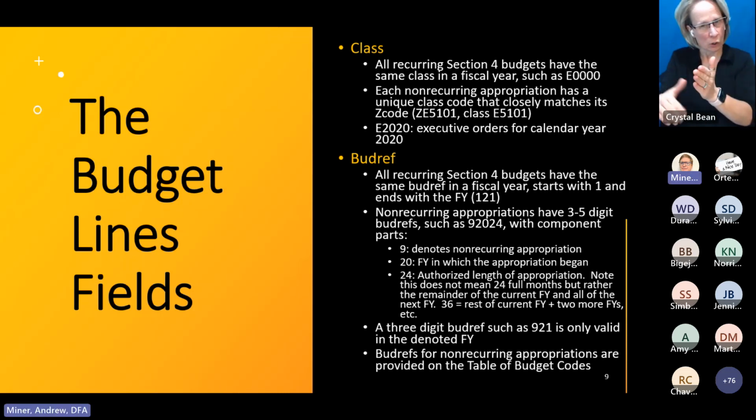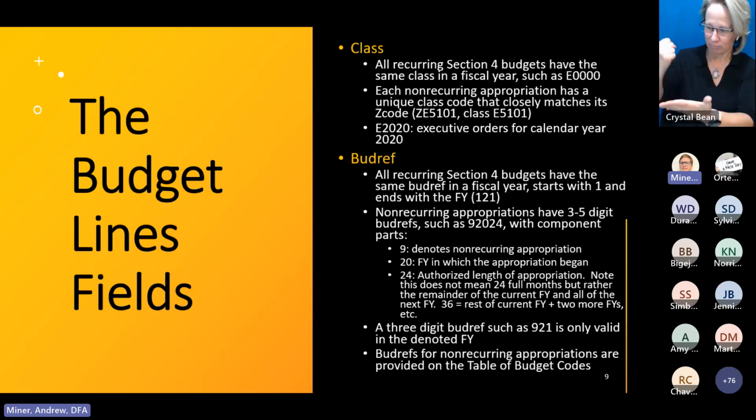Okay, and then the next two numbers are the fiscal year in which the appropriation began. So this is a little tricky because a lot of these appropriations, like special appropriations from Section 5, start towards the end of the fiscal year, right? Because the budget bill is passed and signed into law by the governor in March or April, depending on the year.